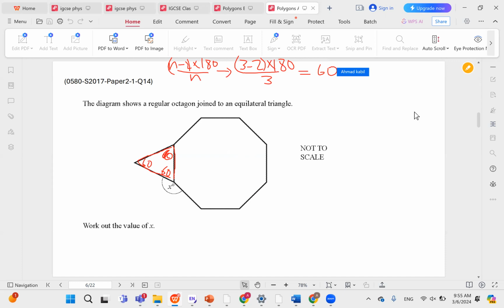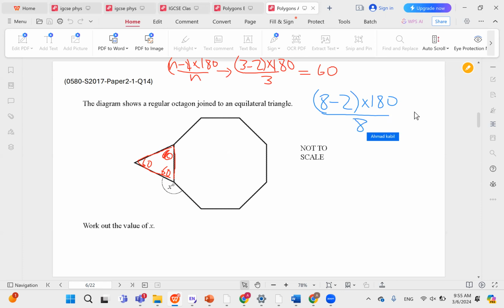I'm going to apply the same rule again for the octagon. Of course, if you don't know how many sides there are in an octagon, you can just count the sides. There are 8 sides in an octagon. Octa means 8, just like an octopus has 8 legs. So anyway, we plug in 8 for n. So we have 8 minus 2 times 180 divided by 8.